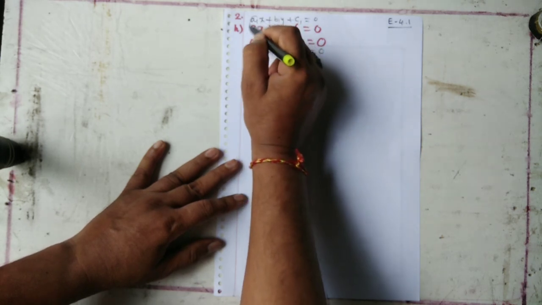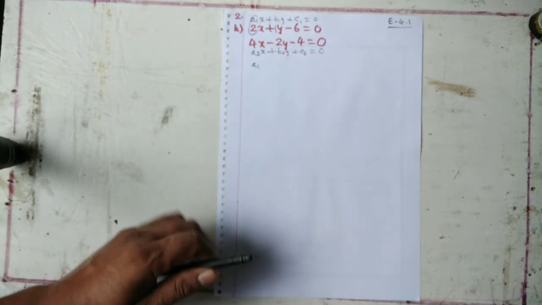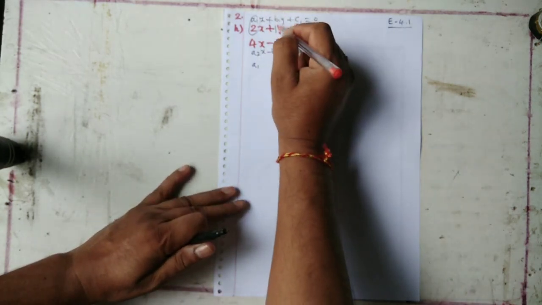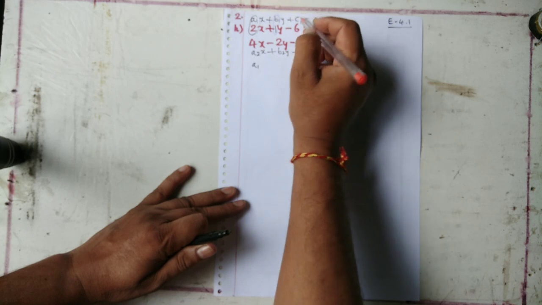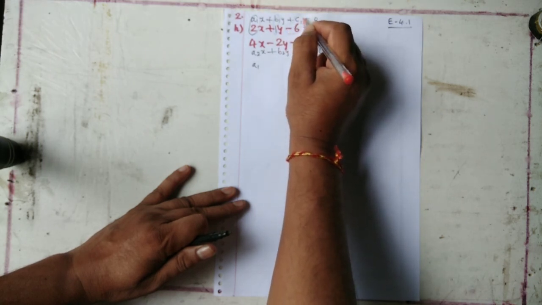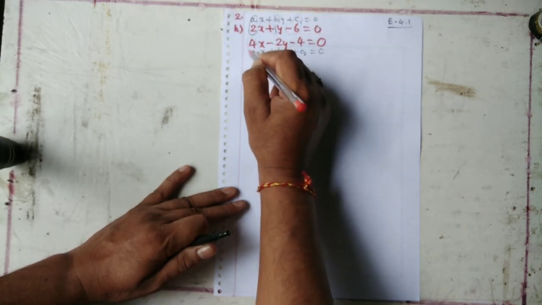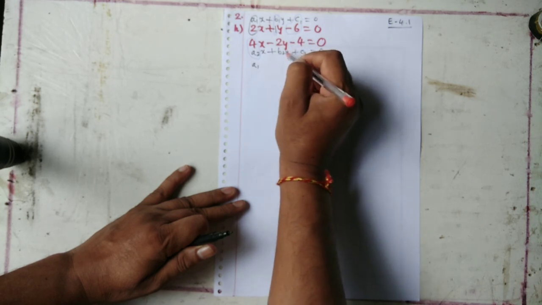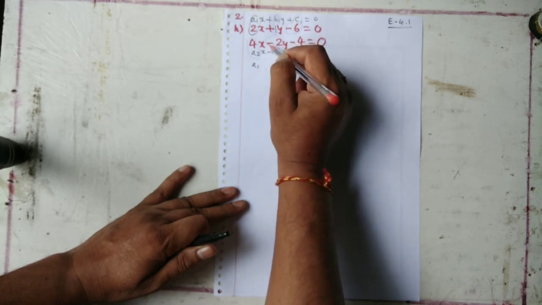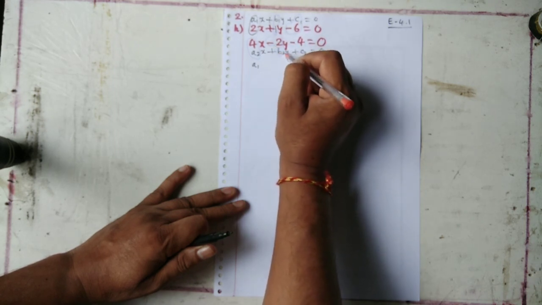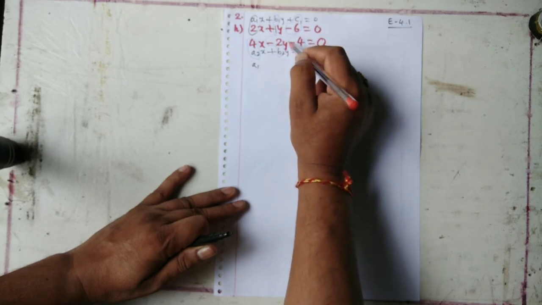a1 is equal to 2 and b1 is equal to 1, c1 is equal to minus 6, a2 is equal to 4, b2 is equal to minus 2, c2 is equal to minus 4.